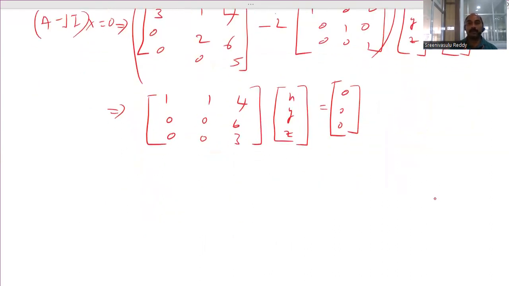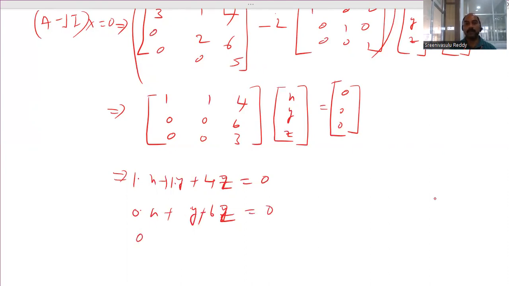So that implies x plus y plus 4z equal to 0, from the first row. From the second row, 0 into x plus 0 into y plus 6z equal to 0.